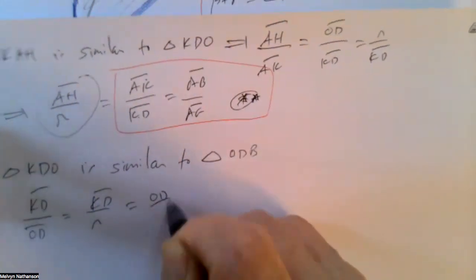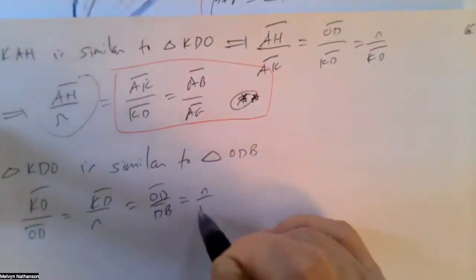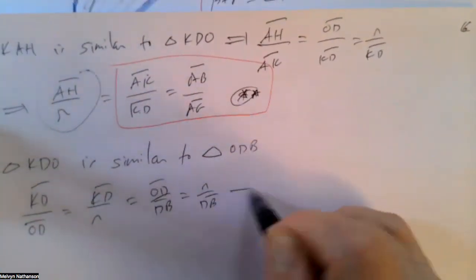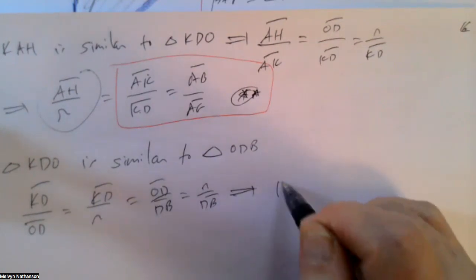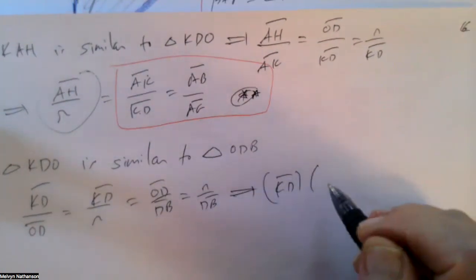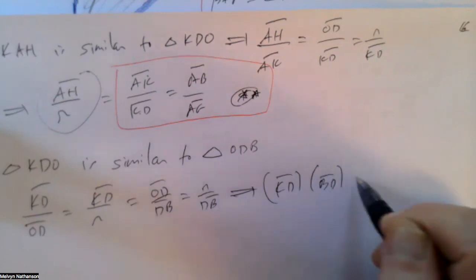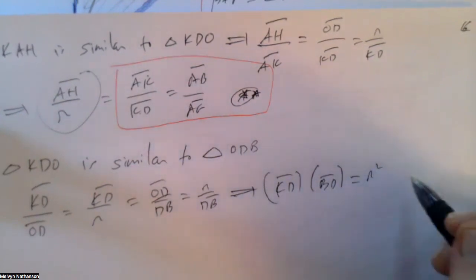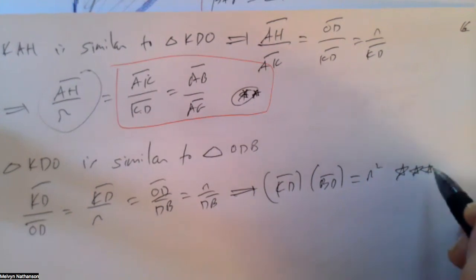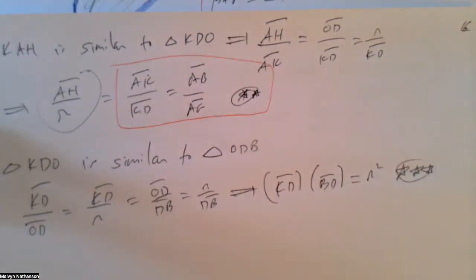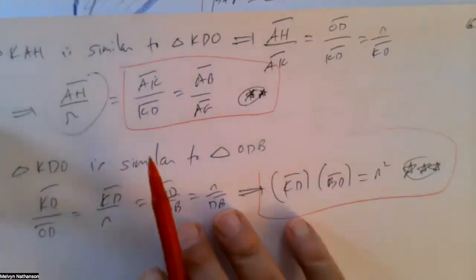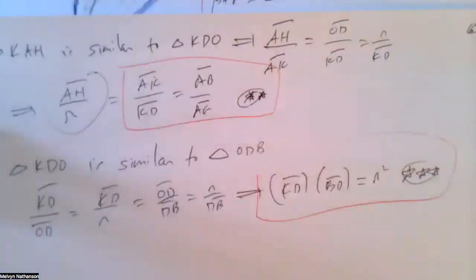This equals OD to DB, but again, OD is equal to R, over DB. So that says that the distance from K to D times the distance from B to D is equal to R squared. And that gets 3 stars. That's our third starred relation. So KD times BD, the product of those 2 lengths, is R squared.